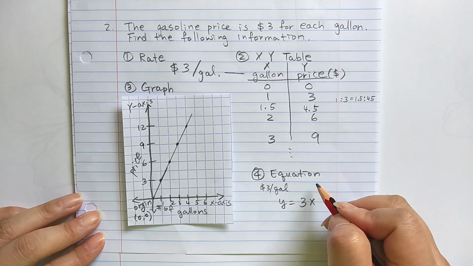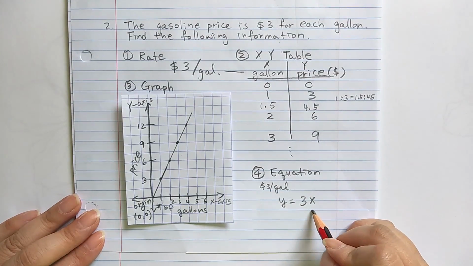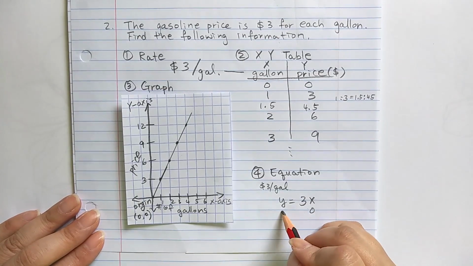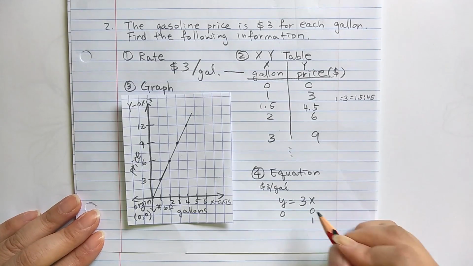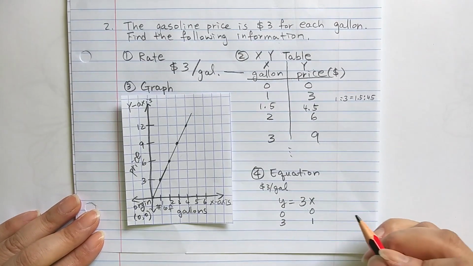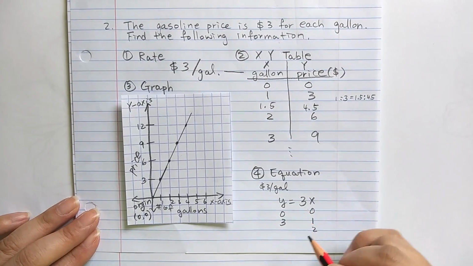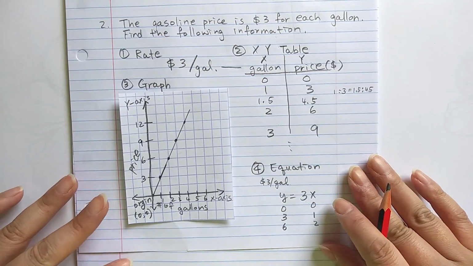Let's check if we have the right equation. When x is 0, 0 times 3 is 0. When x is 1, 1 times 3 is 3. When x is 2, 2 times 3 is 6.